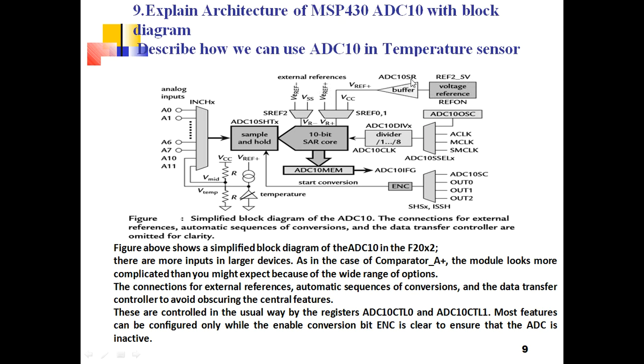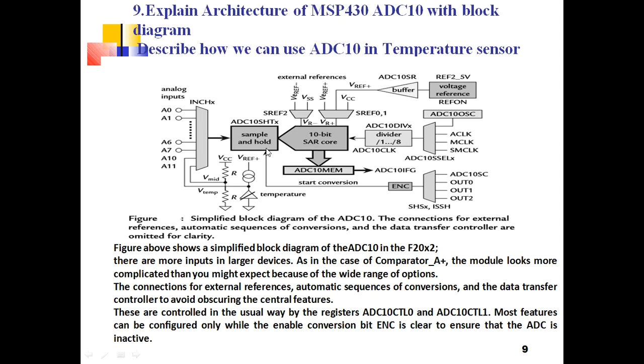The 10-bit successive approximation core takes the different clocks from the ADC10 oscillators. You can select any clock and divide it by 1 to 8, that is given to the 10-bit SAR, which gives the 10-bit successive approximated output, and the result is stored in the ADC10 memory register.